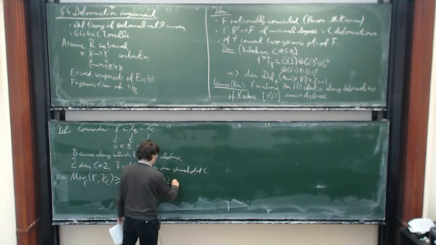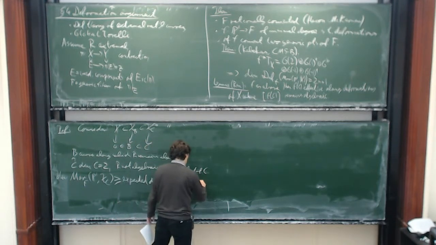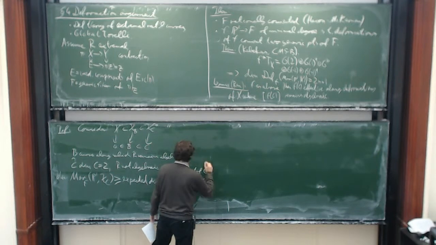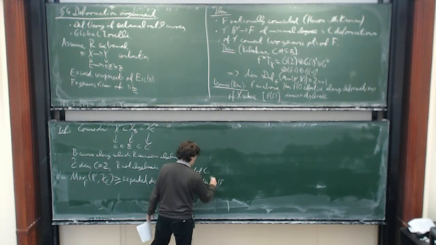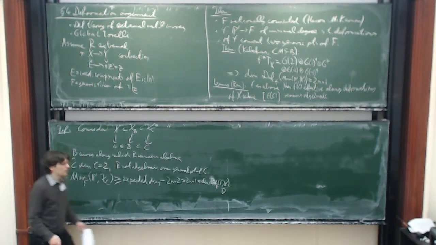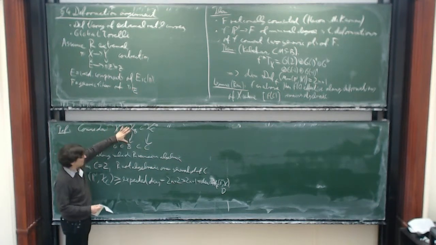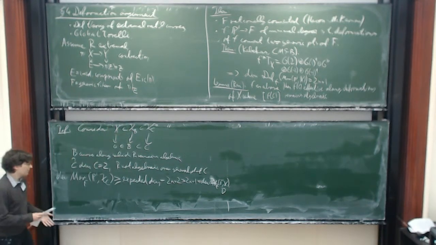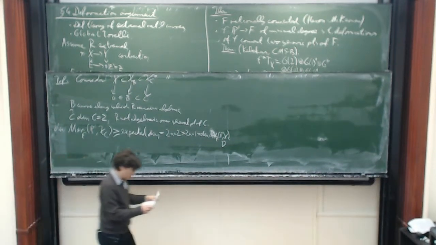So this is 2n plus 2, which is greater than the dimension of the space of morphisms to X, bigger than this deformation of f inside X. And so by dimension reasons there must be deformations along B. Otherwise the space couldn't have dimension 2n plus 2.